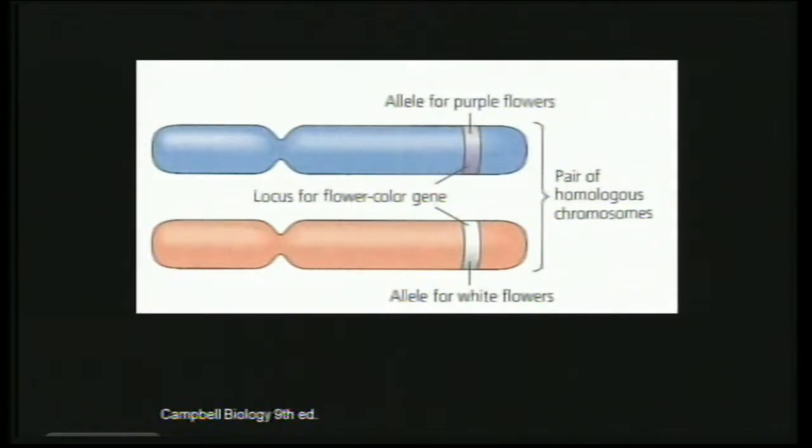Mendel had already found out what happens: as long as there is an allele for purple flower color, the plant will have purple flowers. So any plant with 2 versions of the alleles will always express one of those alleles. The flower color will always be purple in the case of the pea plant. That's what Mendel already found out.